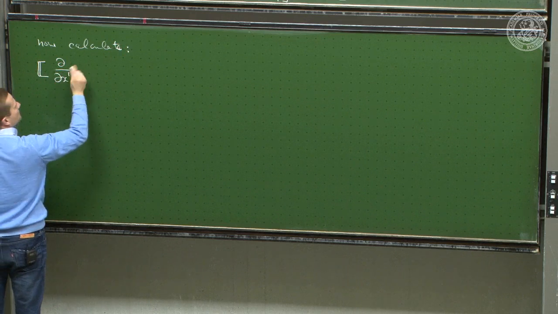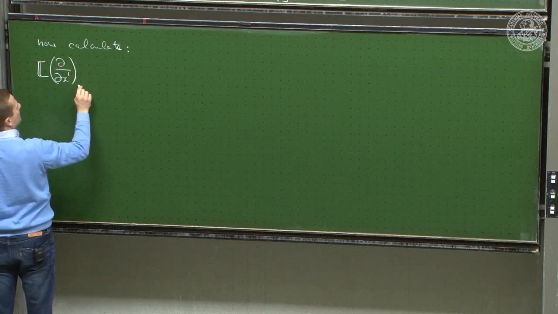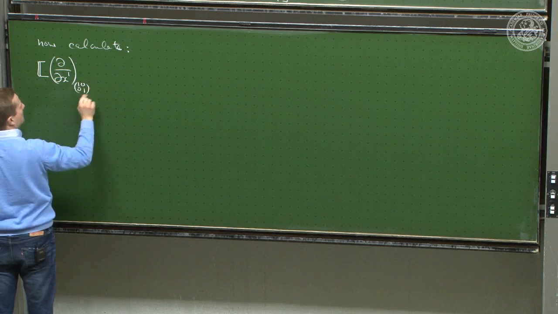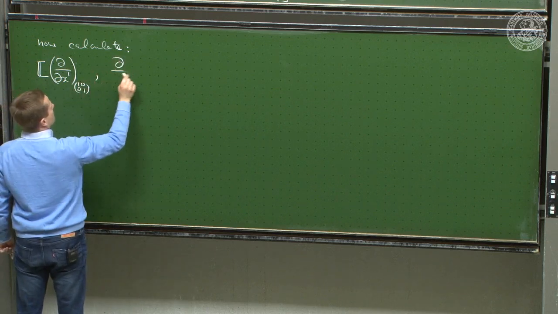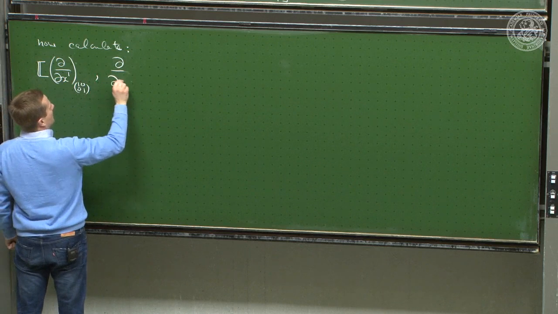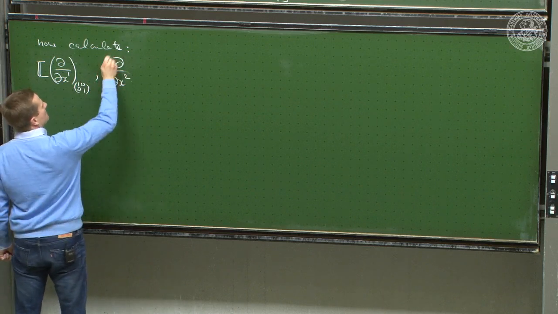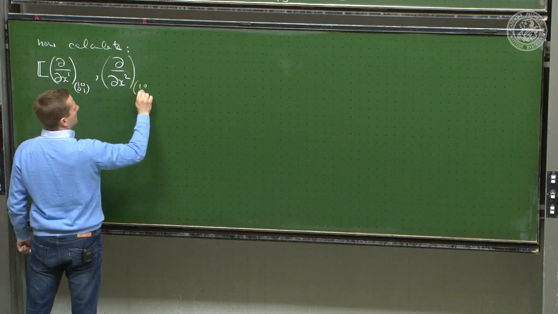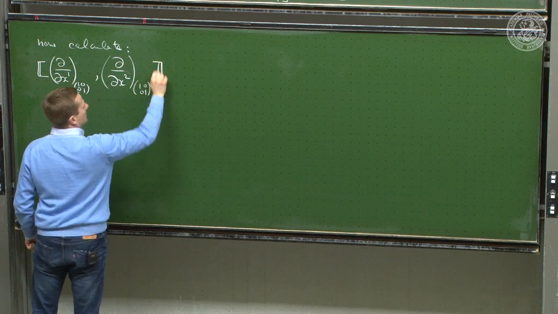Well, let's do a specific example. I can take the first basis vector, x1, at the identity, because that is where this bracket should act, and I can take the second basis vector, x2, at the identity, and for these the bracket is defined.